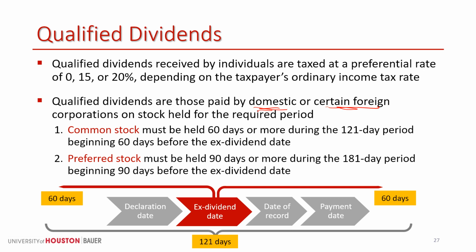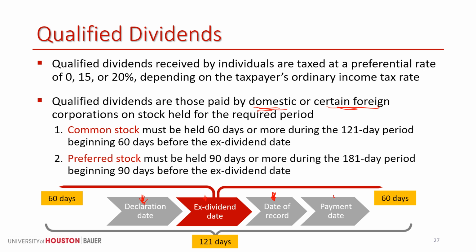We look at the ex-dividend date, which is the date that follows after the company makes that declaration that they're going to pay a dividend, and then they name the date on which the shares will no longer be trading with the dividend. And then there's that date of record right after the ex-dividend date where they take toll of who's eligible for the dividend, and then they make their payment.